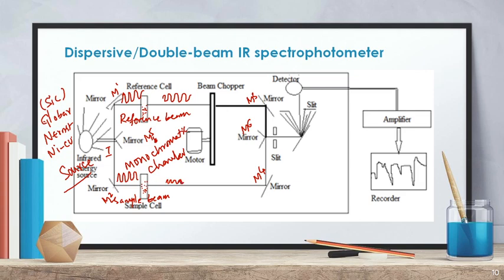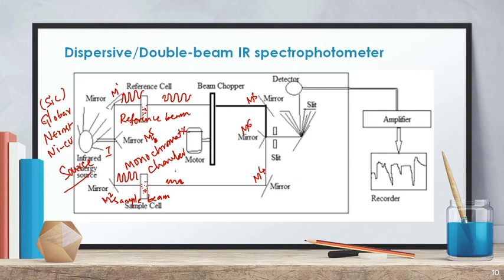See the change in the intensity of the wave: this is the incident wave and this is the transmitted wave. For the reference cell there is not much change in the intensity of the beam, but here the intensity of the beam must be lowered.